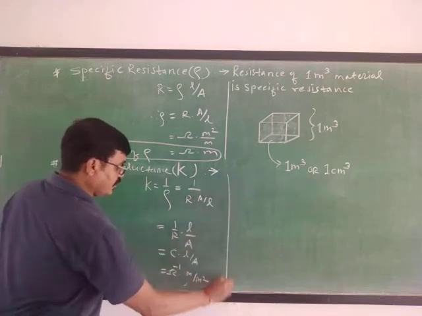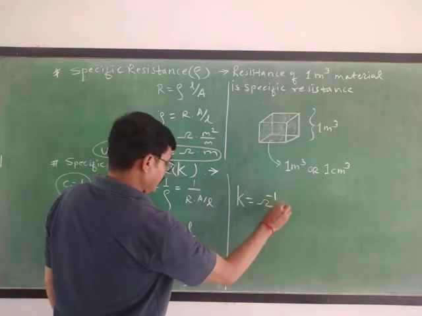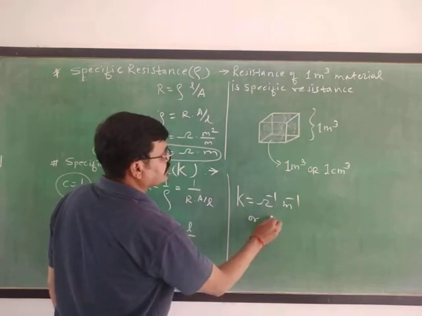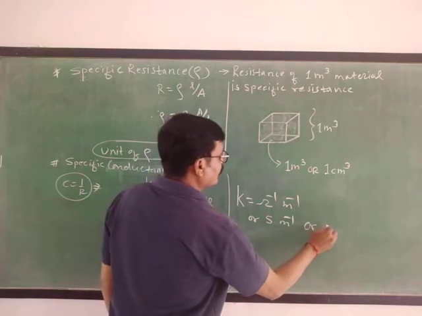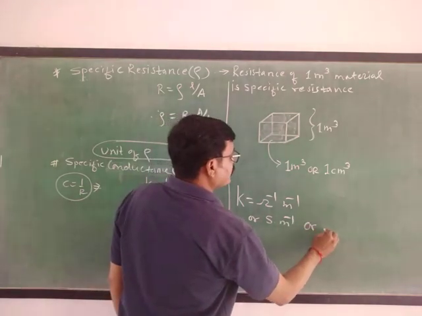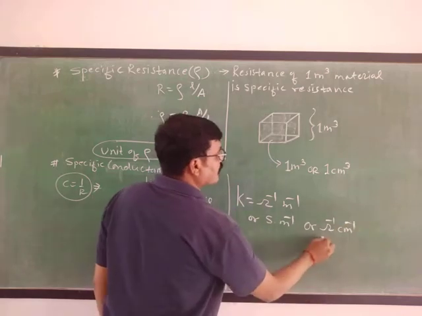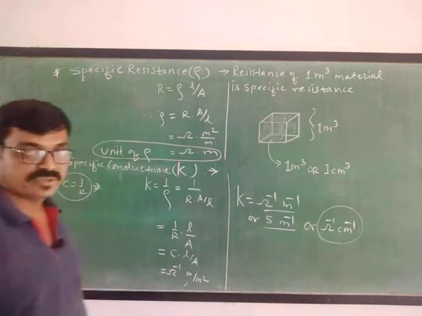That's why what is the unit? Unit of kappa is ohm inverse meter inverse, or we can say Siemens meter inverse, or ohm inverse centimeter inverse. No doubt this is CGS unit and these are MKS unit.